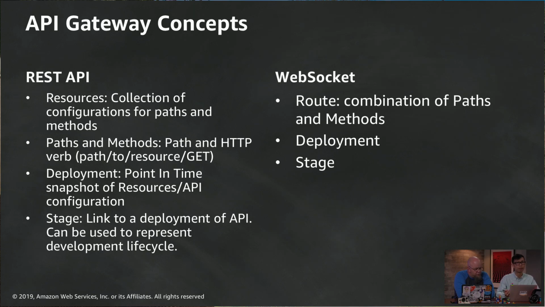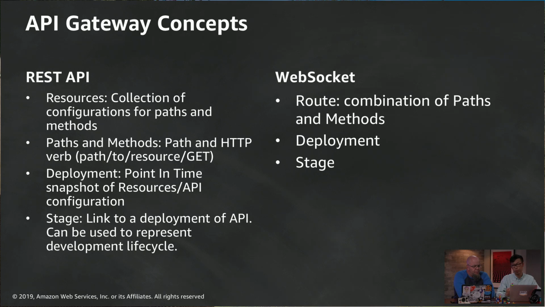And when you're configuring, you can say, hey, I want this to have authentication or not. I want this to maybe just go directly to a DynamoDB because I don't really need any processing in front of it. And then maybe for POSTs to the users path, I want authentication and authorization, and I also want it to connect to a Lambda function. Okay. So each of these paths and methods you can have different configurations for, and that's really what resources are.